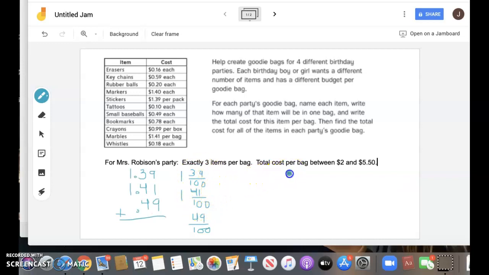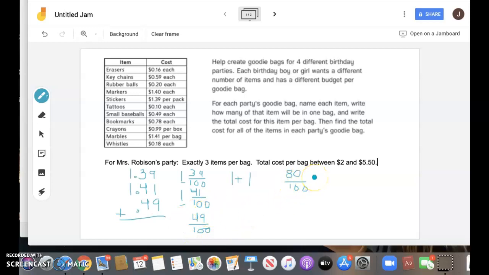So I'm going to write 80 100ths. Right? I have 1 whole from the 1 and 39 100ths plus another 1 whole from the 1 and 41 100ths. I still have to add in my 49 100ths.